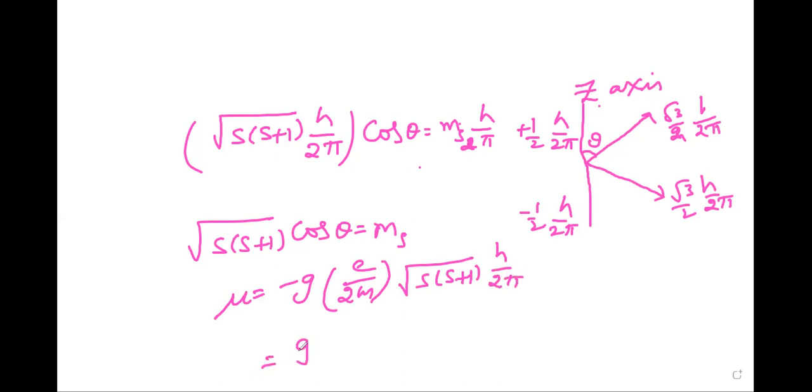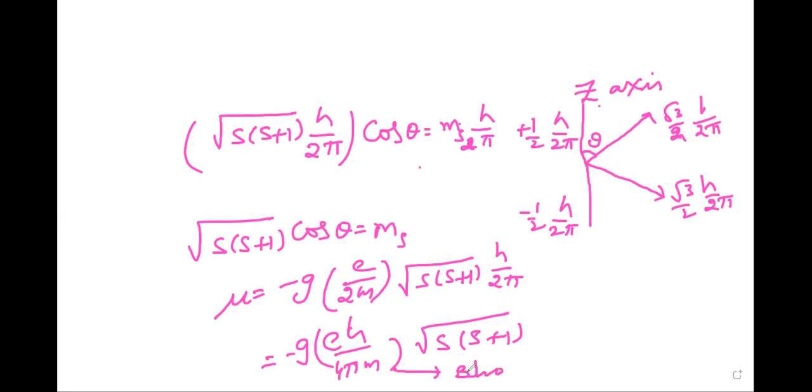So that can be written as minus g into eh by 4 pi m into root s into s plus 1, where eh by 4 pi m is called the Bohr magneton.